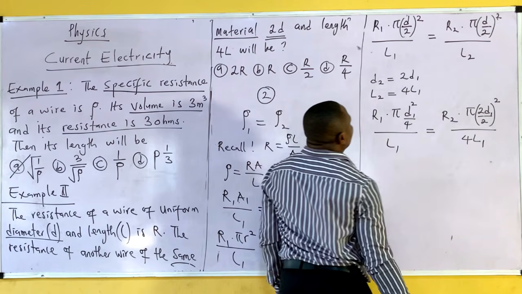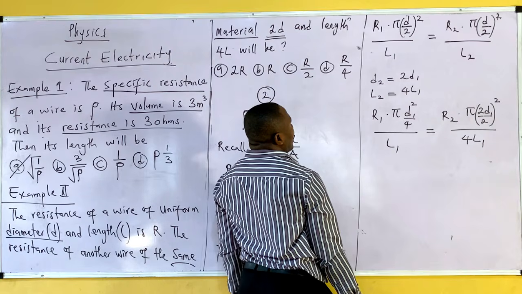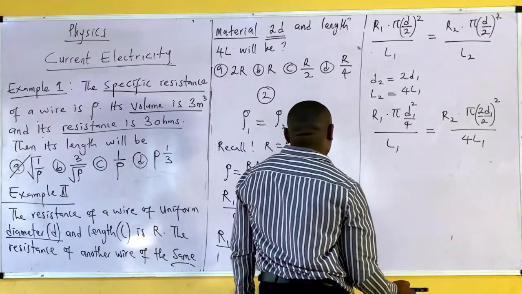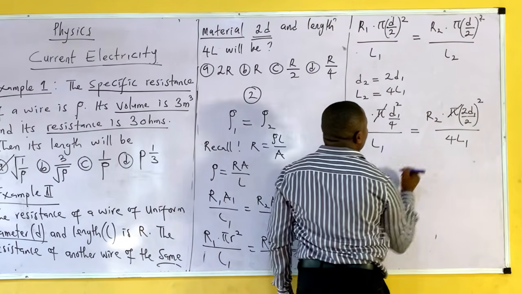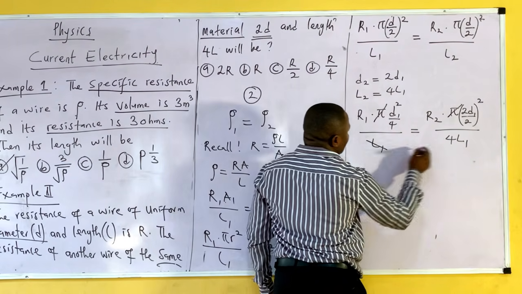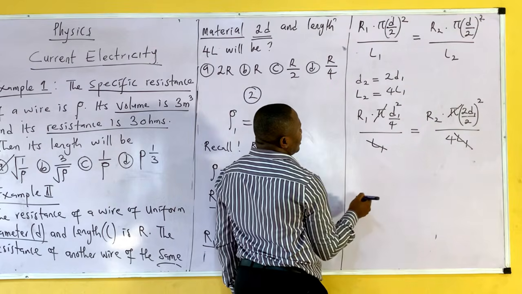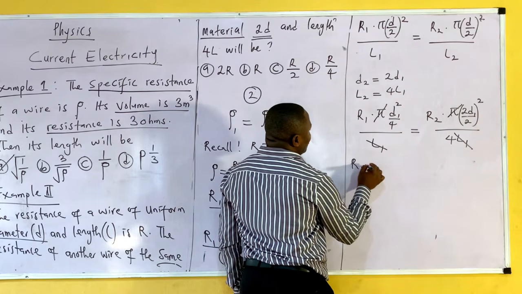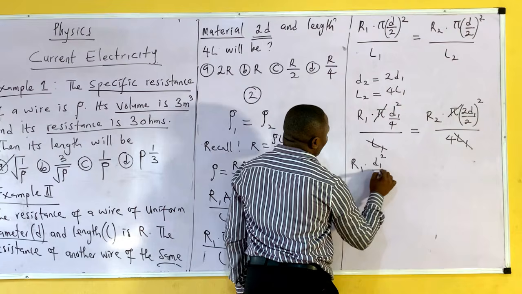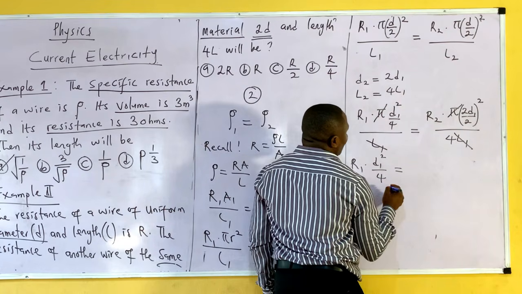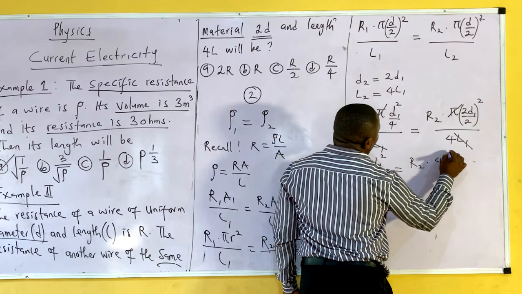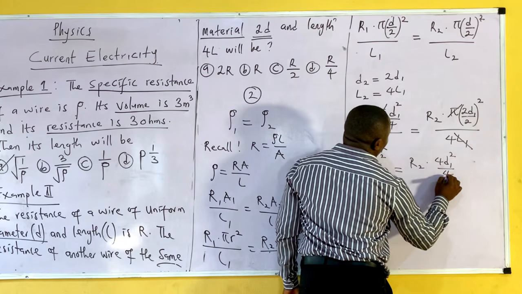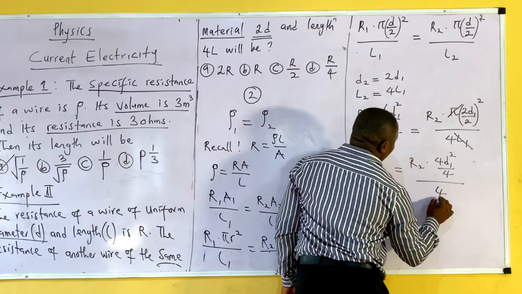Look at it here. To continue, let this cancel out this, let this cancel out this. Then I'll be having R1 D1 squared over 4 is equal to R2 times 4 D1 squared over 4, all over 4.